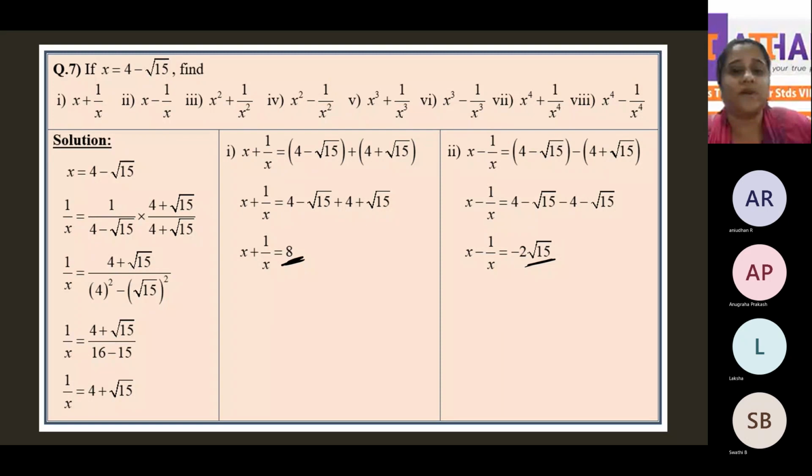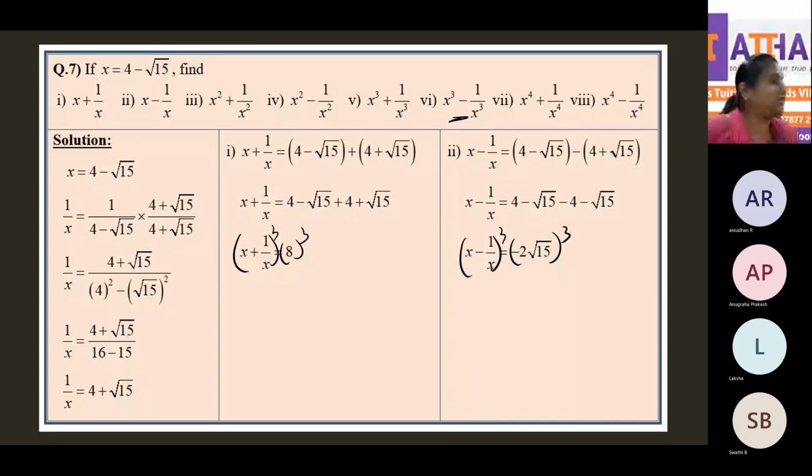Then how do you find x cubed plus 1 by x cubed? Cubing this on both the sides. How do you find x cubed minus 1 by x cubed? Cubing this on both the sides. In examination, you cannot think, you should know what to do.